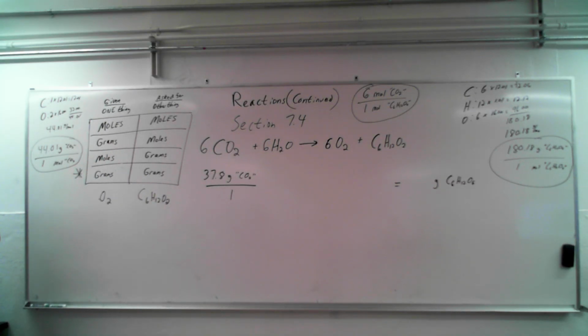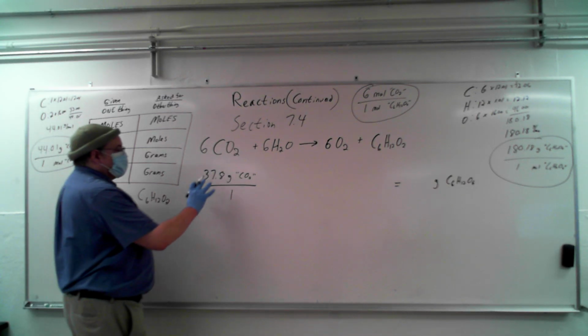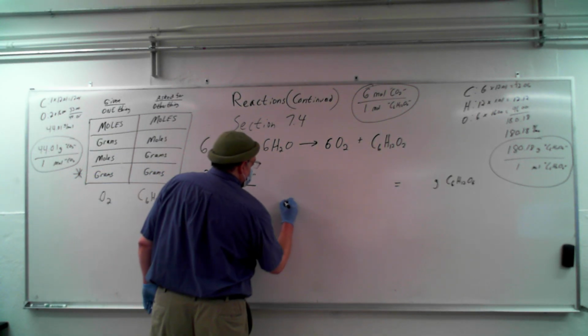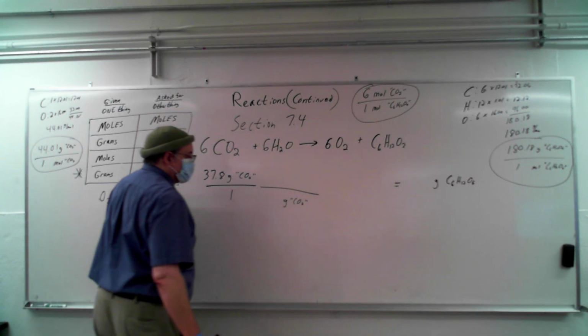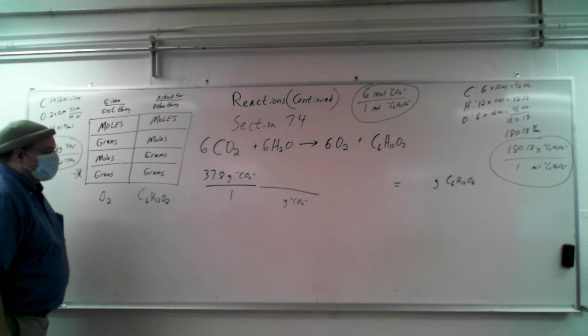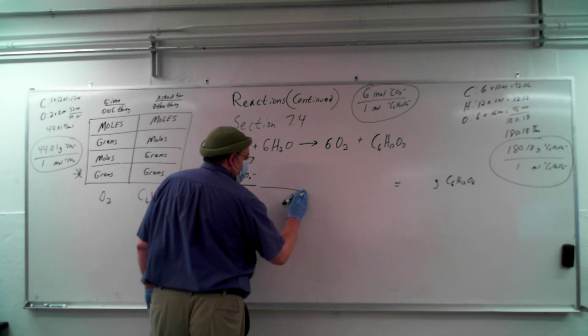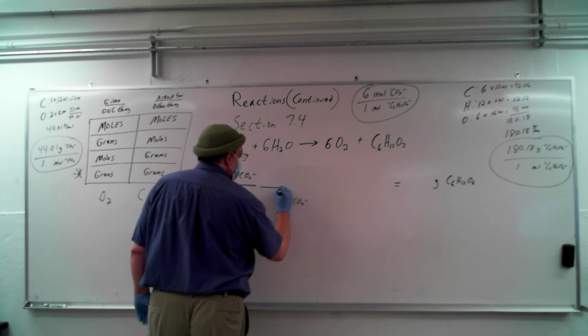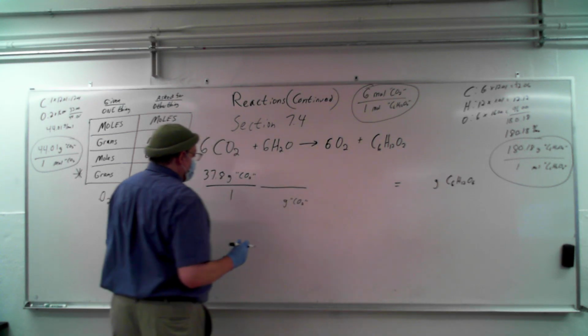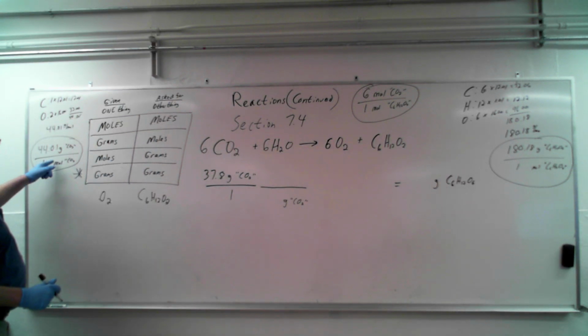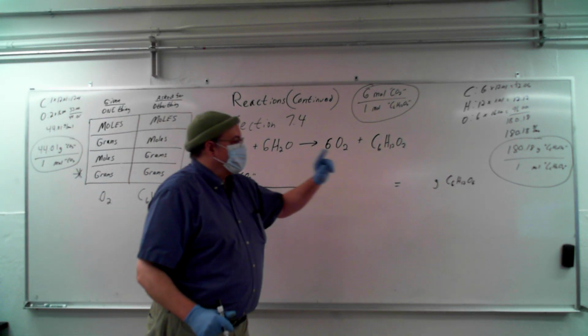And if you follow that, here's how you paste everything together. This much tells you that you're going to need grams of CO2 on the bottom here. Look here, and here, and here.